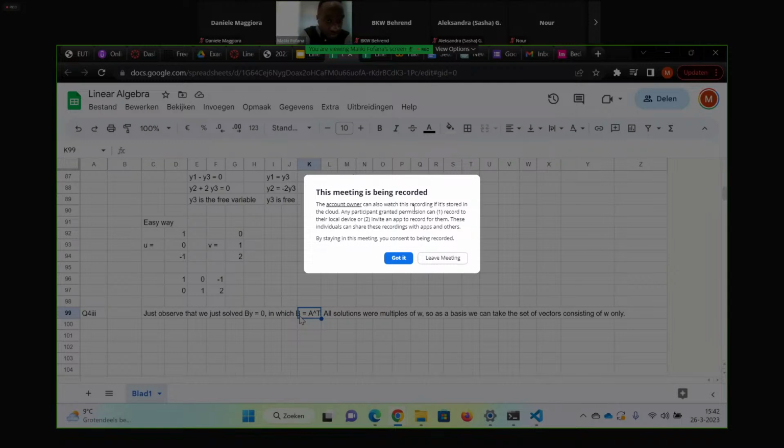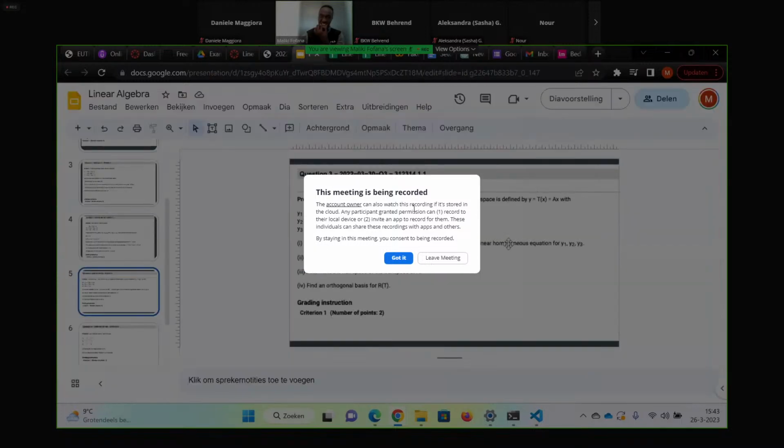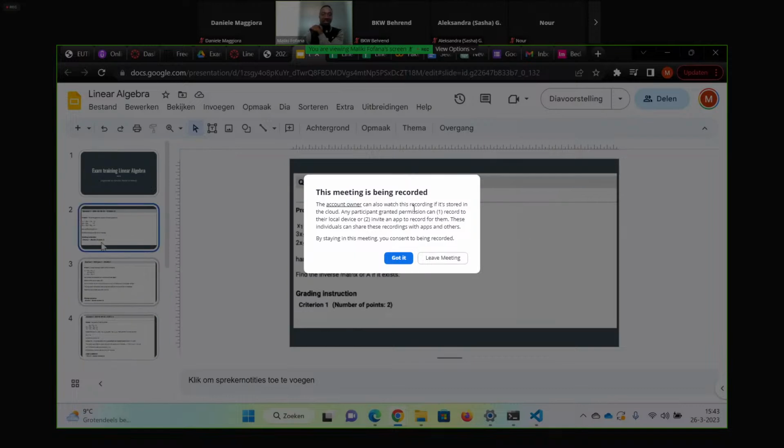Why is it By equals 0 and not Bx? Not Bx, because if you look at the start of the equation, it says we're working with a homogeneous equation for y1, y2, and y3. As you have seen, the whole focus this time is on the y's, because we have added the y to it. In the first question yesterday, we didn't have any y's.